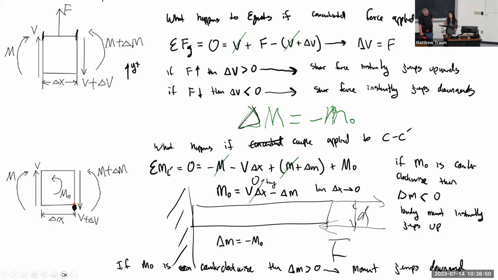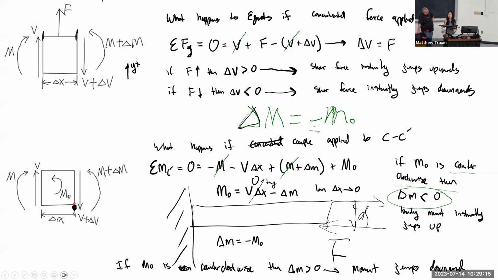So if M naught is counterclockwise, it means that, well, whenever we have counterclockwise rotation, it's positive based on sign convention, right? So delta M is smaller than 0 because there's a negative sign in front.